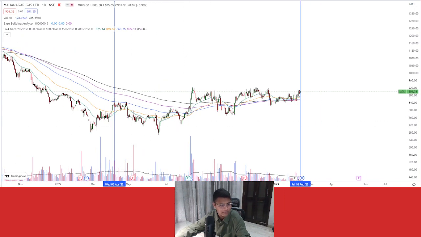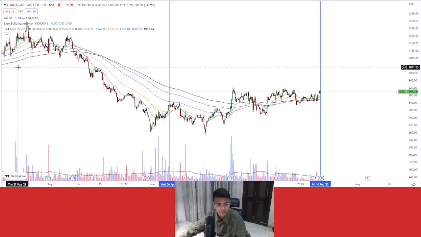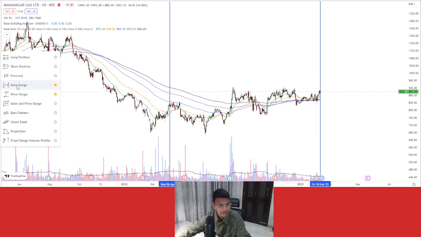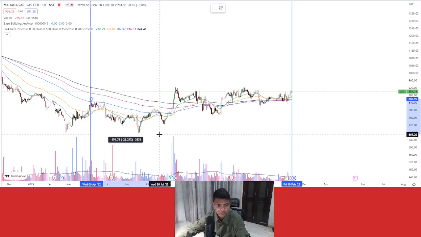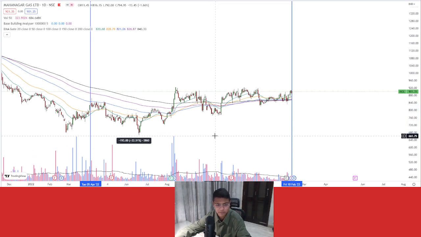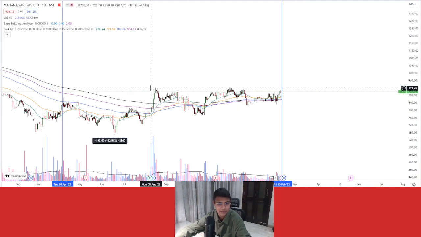So let's look at it. Let's measure the contractions. If I take a price range and draw it from this high, let's just put it aside a little for a moment. We'll take this high and see the price change from this high to this low. It's around 22.5%. Now we'll take another reference point, another high, which was broken, from which the downtrend reversed, which is this point.